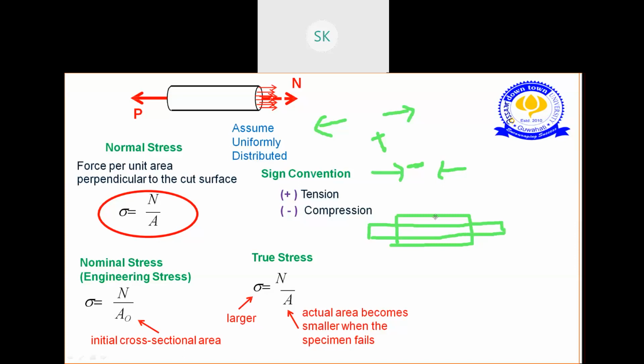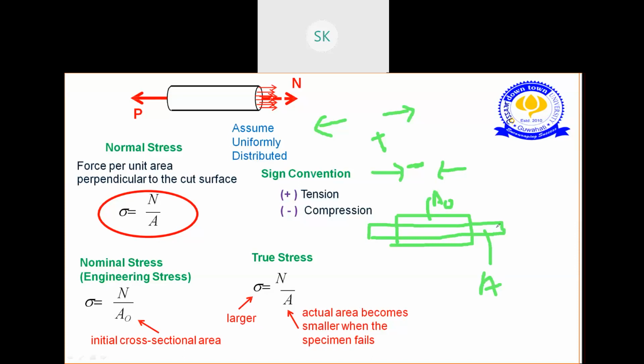So earlier this cross section was this one. Your A naught will be this one, and this is the new area after failure, so this will be your A. This A naught is nothing but your initial cross-sectional area, and this new A is the area which we get after the section has failed.